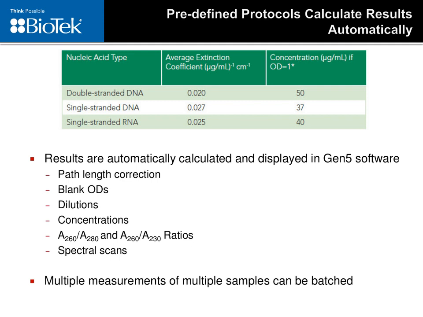Gen5 software allows the inclusion of buffer blanks and sample dilution factors in the plate mapping to automate many of the necessary calculations. Both the microvolume and microplate format are great for collecting multiple measurements from multiple samples without extensive sample handling.